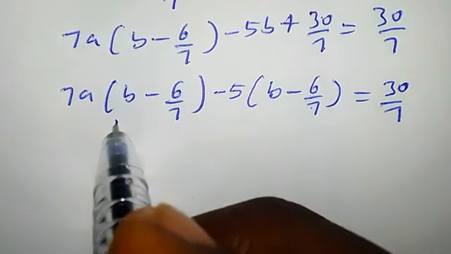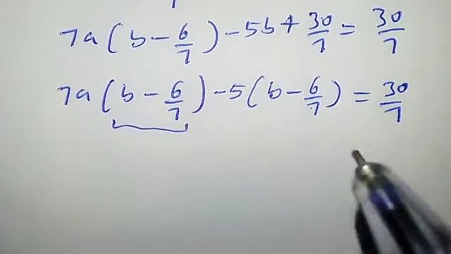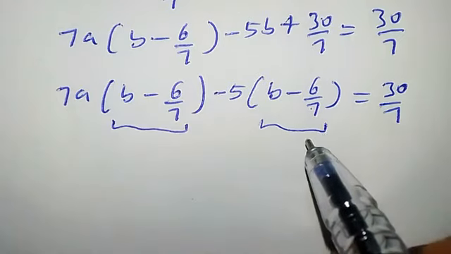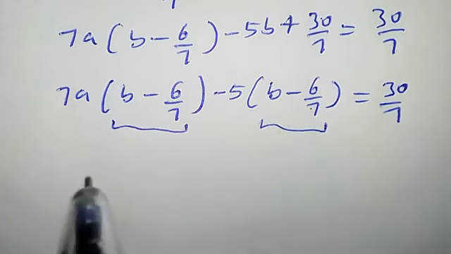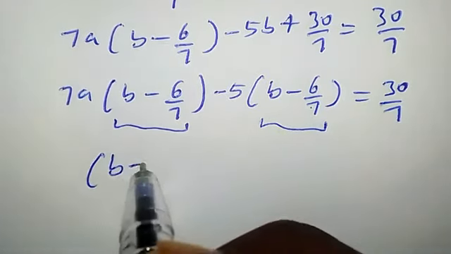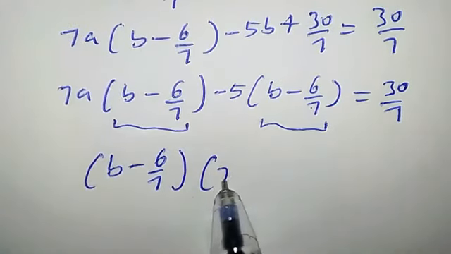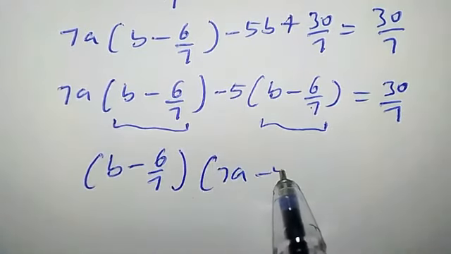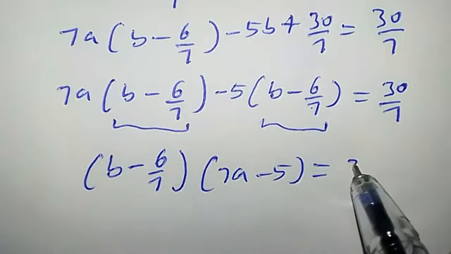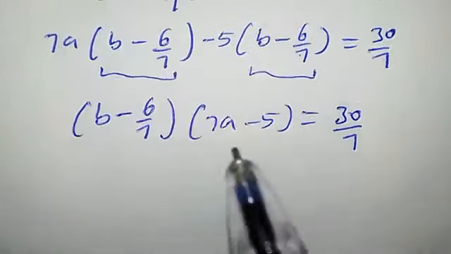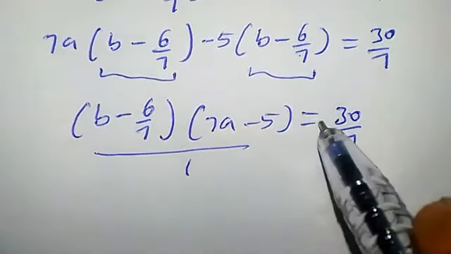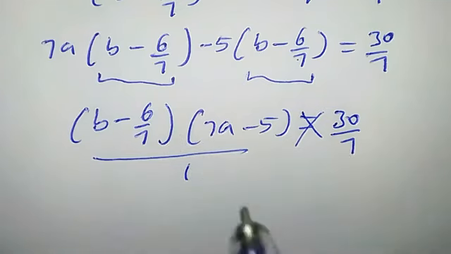Let's proceed further. You observe that we have b minus 6 over 7 here, likewise b minus 6 over 7 here. We can pull it out. So we're going to have b minus 6 over 7 times 7a minus 5 equals 30 over 7. We can cross multiply 7 times this.